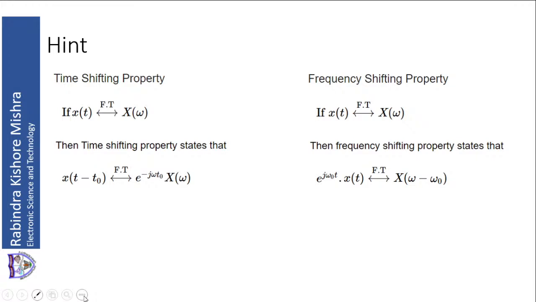Similarly, for frequency shifting, if you take X(omega minus omega0) and take its inverse Fourier transform, that will give us exponential j omega0 t times x(t).